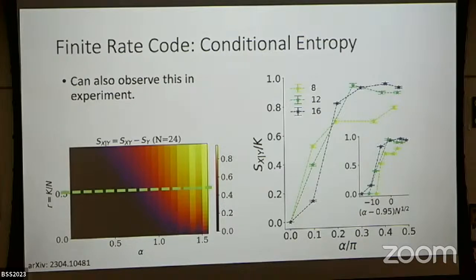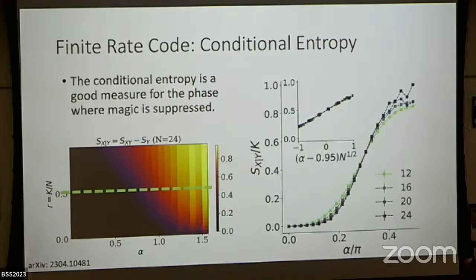Does this get the same crossing as other measures? No, it's a different crossing point because it's a different measure of magic. That's to be expected. Yeah, so we're not measuring, how do I say this?